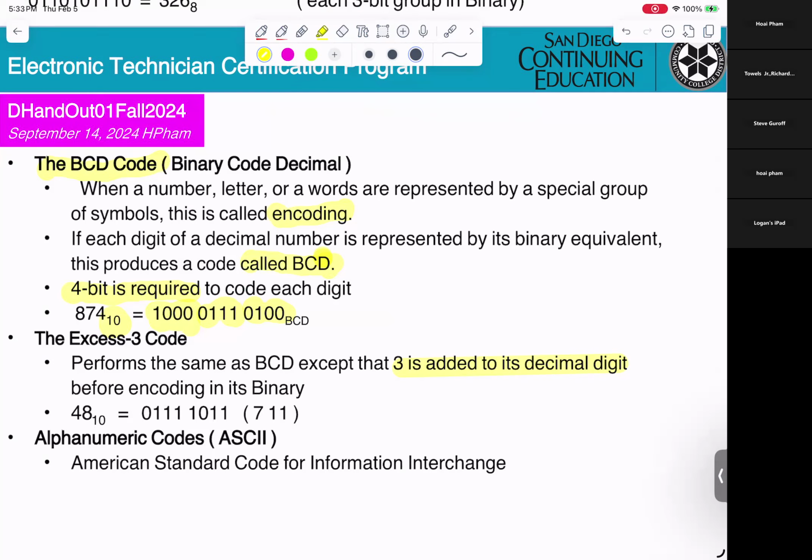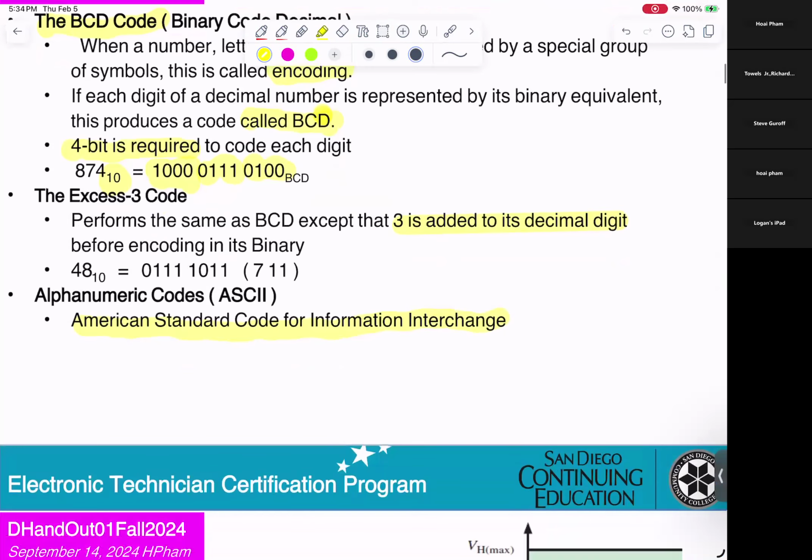Alphanumeric code ASCII, American Standard Code for Information Interchange. That means in your computer, they have ASCII so they can convert, okay, from decimal to binary, whatever.